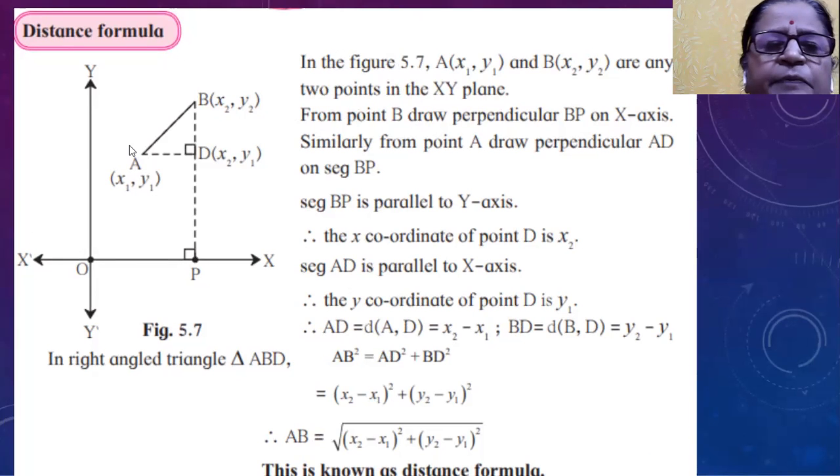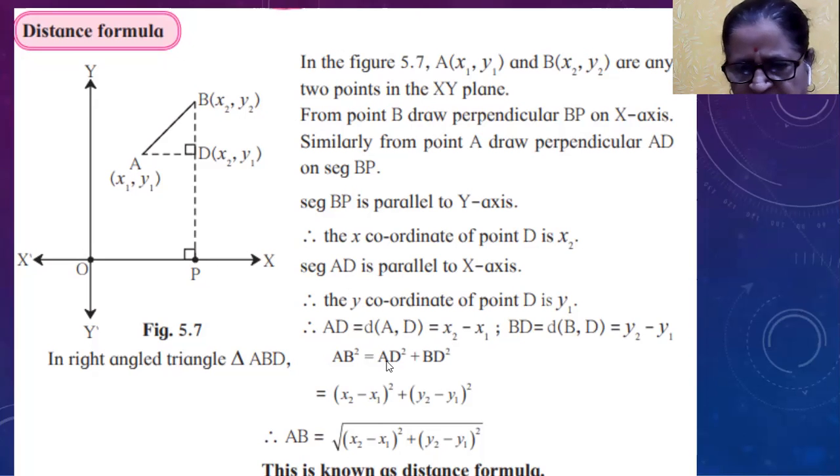So here is a point A whose coordinates are x1, y1. Here is B, whose coordinates are x2, y2, and point D, whose coordinates are x2 and y1.